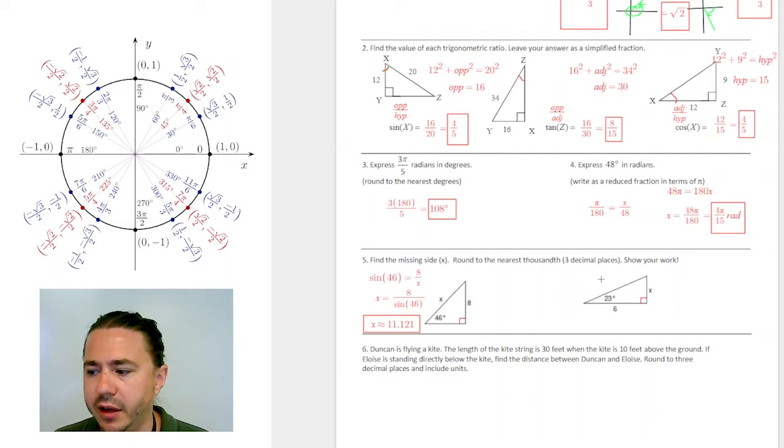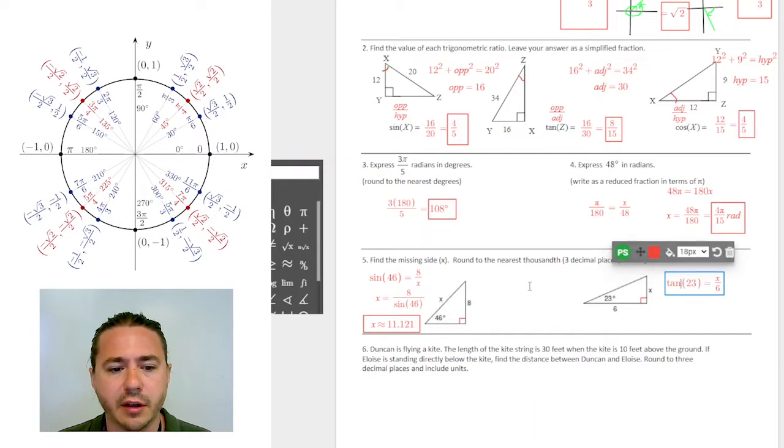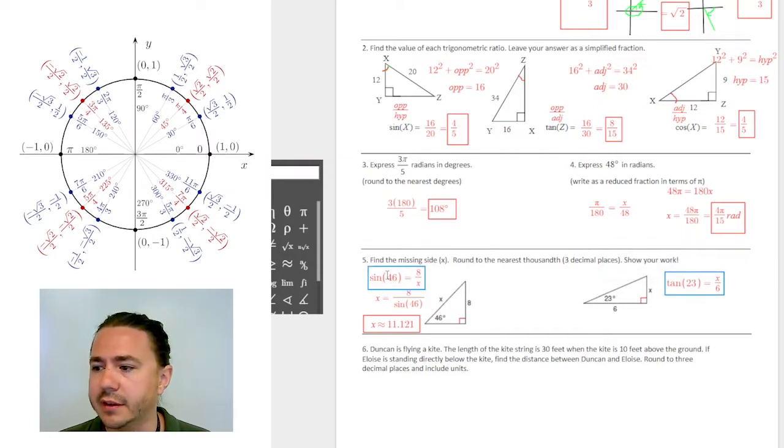For number 5, let's see here. We've got this angle right here. We're looking for the opposite, and we know the adjacent. So that tells us we're going to use tangent. Tangent of 23 degrees equals the opposite side over the adjacent. So if we're solving for x, and x is in the numerator, instead of multiplying x and then dividing by this trig function, we're just going to multiply both sides by 6.